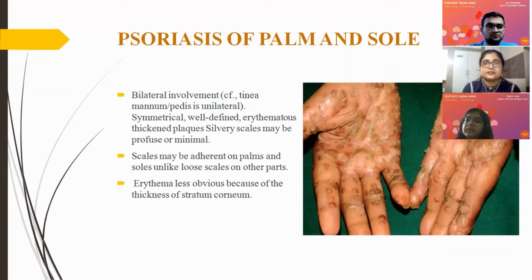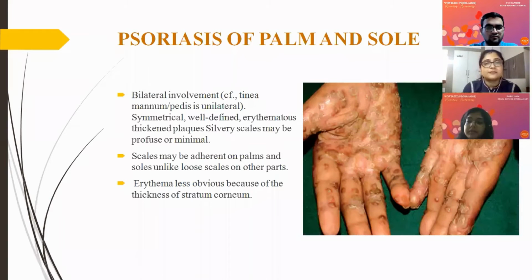Psoriasis of the palm and sole is palmoplantar psoriasis. It has bilateral involvement. Tinea manuum et pedis is unilateral; this is the differentiating feature. Symmetrical, well-defined, erythematous, thickened plaques. Silvery scales may be profuse or minimal.